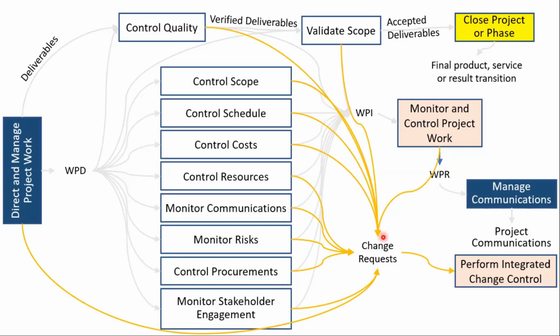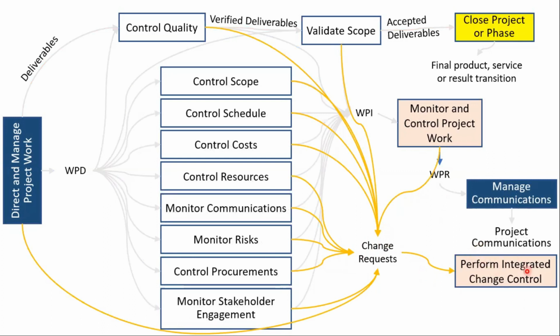Once again, you can see here the entire hub of activity happens towards the integration management knowledge area. Earlier we saw the work performance information, everything is towards the monitor and control project work, which is an integration management process. Similarly, now if you look at change requests, they are all focused on perform integrated change control process.